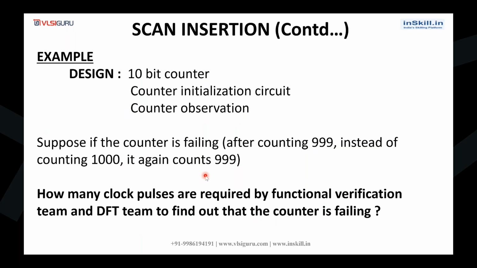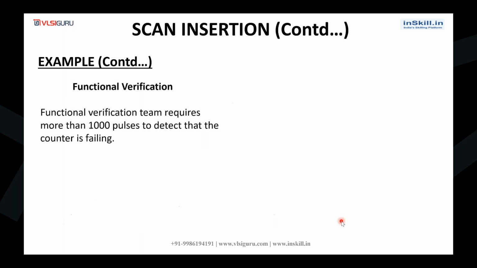The functional verification team requires more than 1000 clock pulses to tell that the counter is failing. We'll try to understand why.